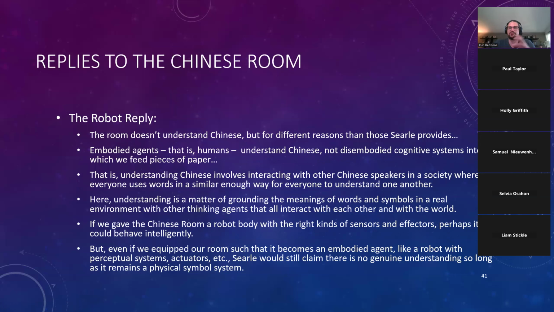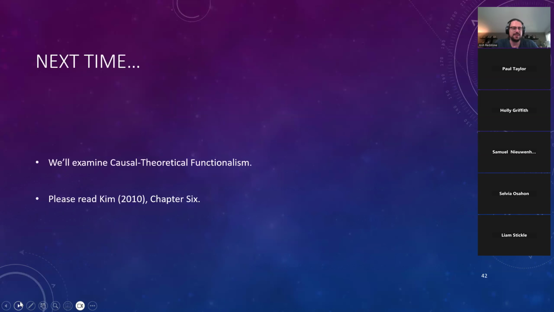So maybe if we shrank the Chinese room down, put it in a robot body with the right sensors and effectors, and put it in the right environment, maybe it would start behaving intelligently. Searle would still deny that there is any intelligence as long as our Chinese room is just a physical symbol system. But again, you can agree or disagree with Searle.